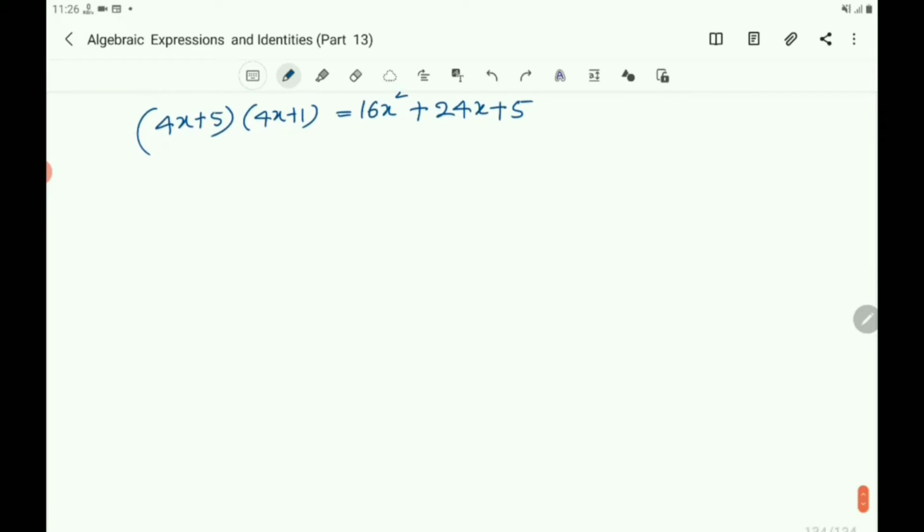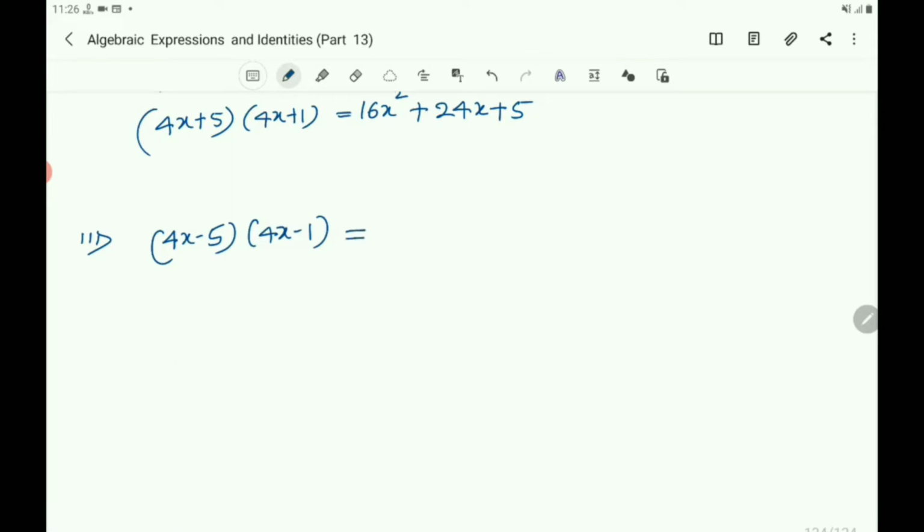Next you take the third one: (4x − 5)(4x − 1).